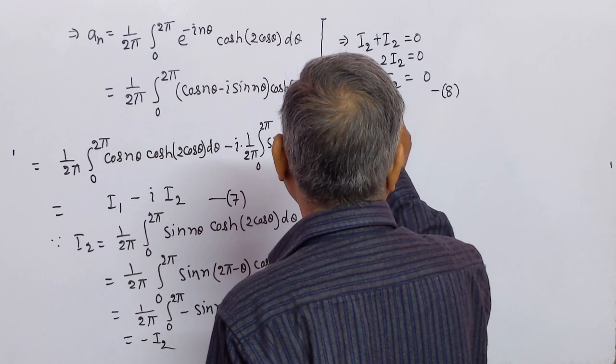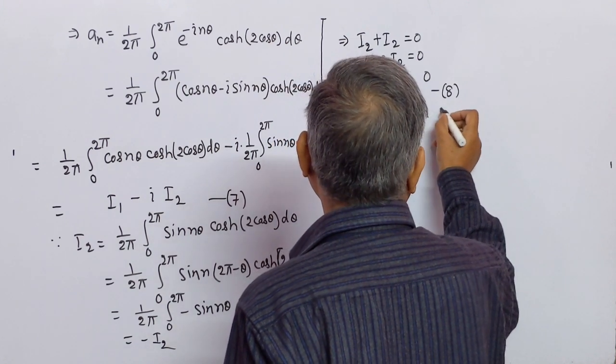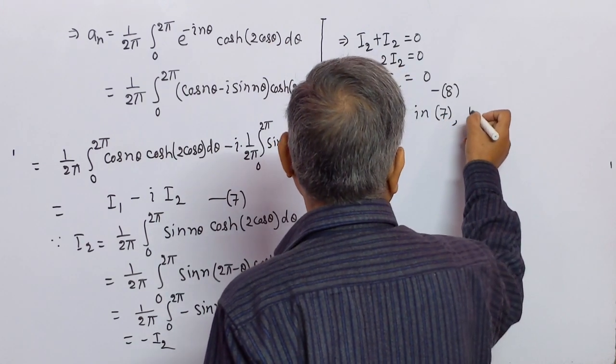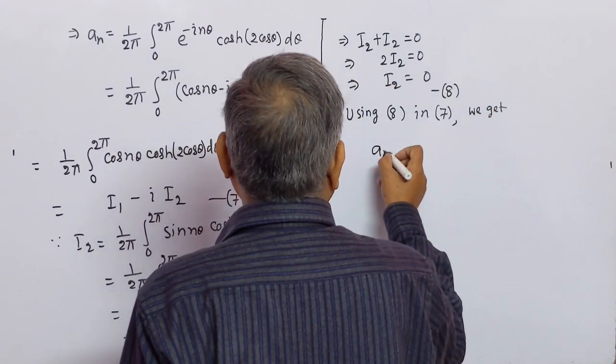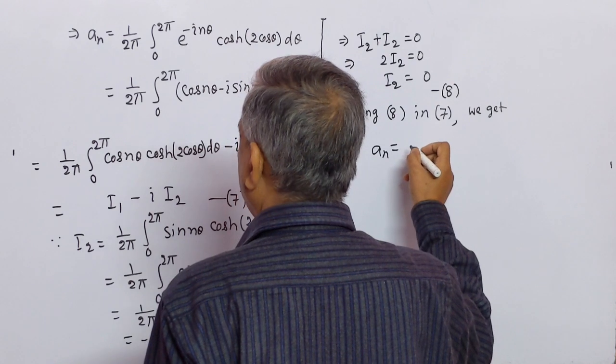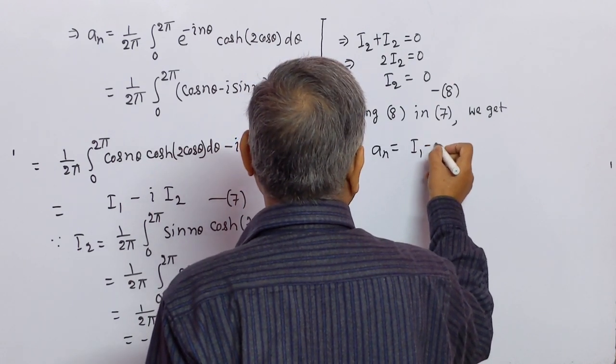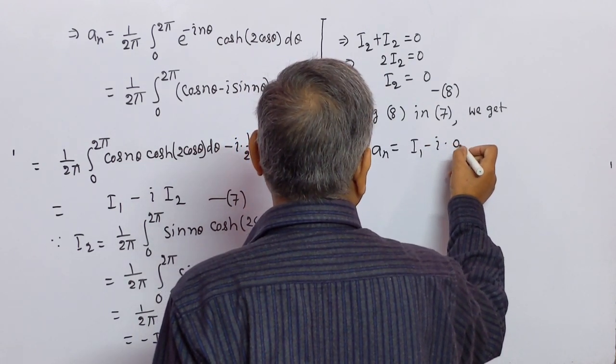Using 8 in 7 we get an equal to I1 minus I into 0.